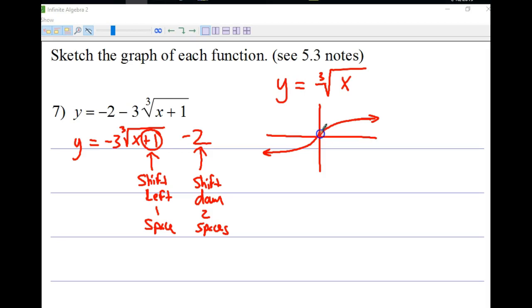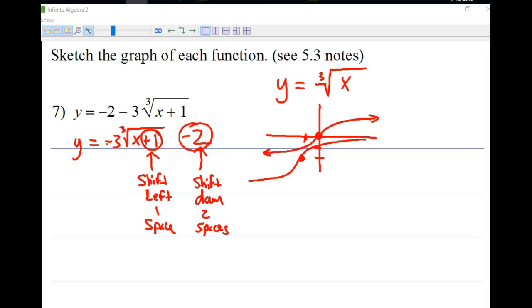So this point right here, since I have these transformations, is going to be moved to the left 1 space and down 2 spaces. So this point gets moved down to here. So my shape would now look something like this, but I'm not quite done yet because we have some reflections to deal with. Notice I've got a negative on the outside. Now that's a vertical reflection.